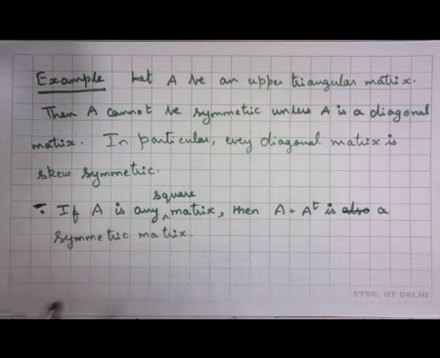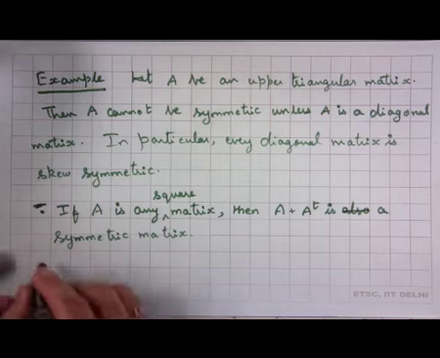Right. If A is any square matrix, then A plus A transpose is a symmetric matrix.